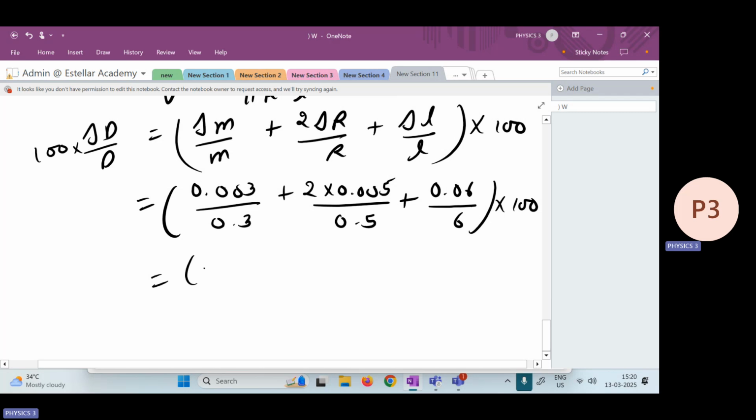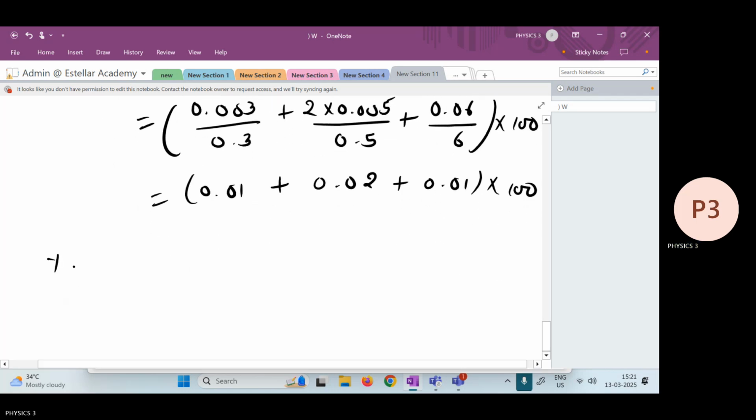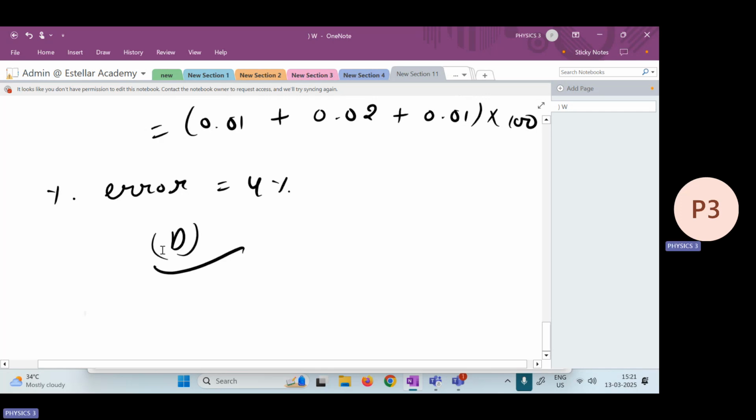So that would be 0.01 plus 0.02 plus 0.01, into 100. So percentage error would be 4%. The fifth question, so D option would be correct answer.